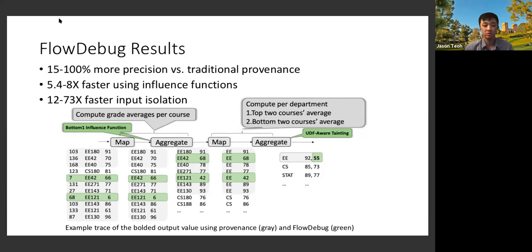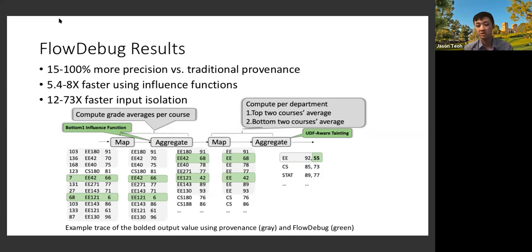The result is shown in green, which represents our input trace for a particular output record, compared to the traditional data provenance technique that we evaluate Flow-Debug against, which is shown in gray. Even without going too specifically into the details of how influence functions and UDF-aware tainting operate for this particular example, we can see that the number of records returned is much smaller and much more precise than a traditional data provenance approach.